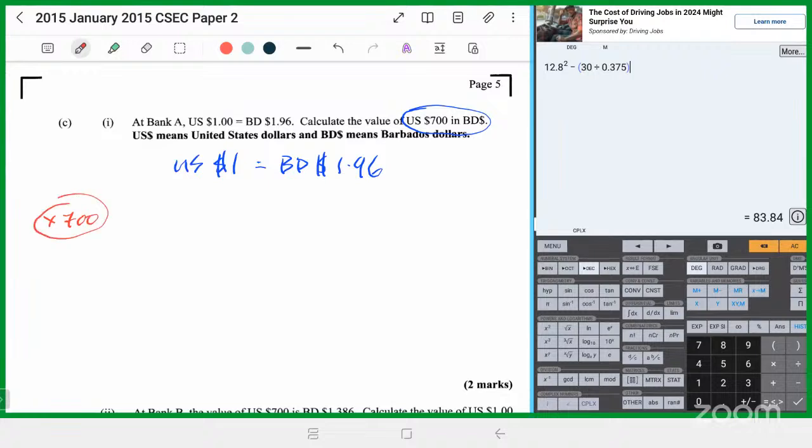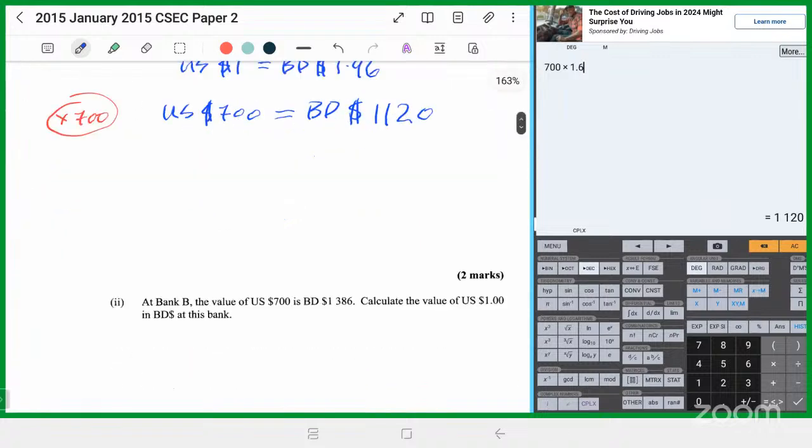So you get US $700 becomes equal to, multiply this now by 700. So it's 700 times 1.96, and that is Barbados dollars 1,372. That is it.